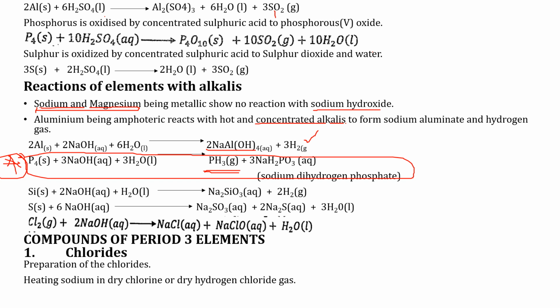A disproportionation reaction is a reaction in which a single element undergoes oxidation and reduction simultaneously. So in this reaction, you are seeing that sulfur in the first case is oxidized to a sulfate, and in the second case is reduced to a sulfide. That's what we call a disproportionation reaction.